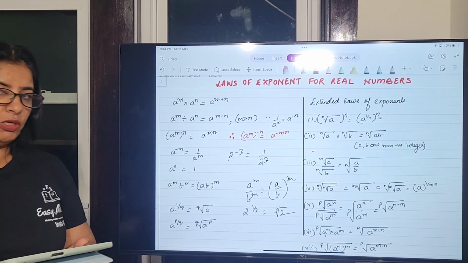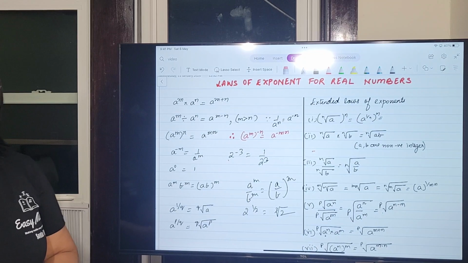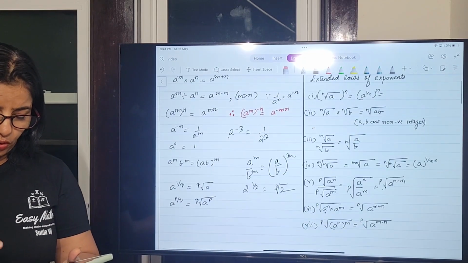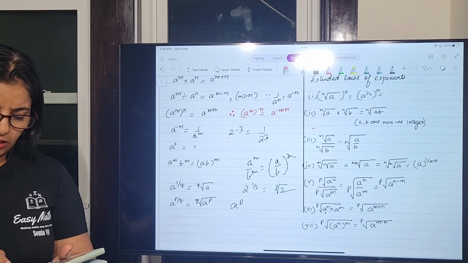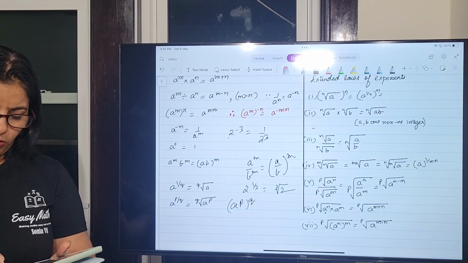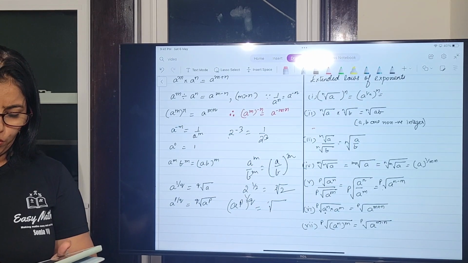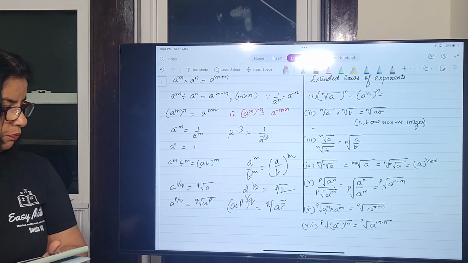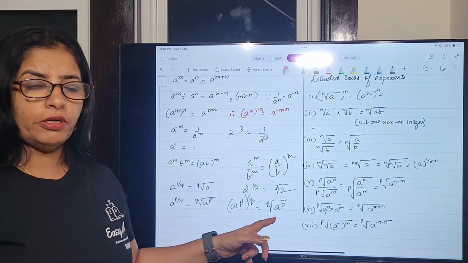This is a new concept that you are learning here in grade 9. So, a to the power p upon q is based on the law that you have learned, that a to the power p, you can break it like this, a to the power p and q, 1 upon q, and this becomes q-th root of a to the power p. So this is very important. This is a new concept that you are learning here.